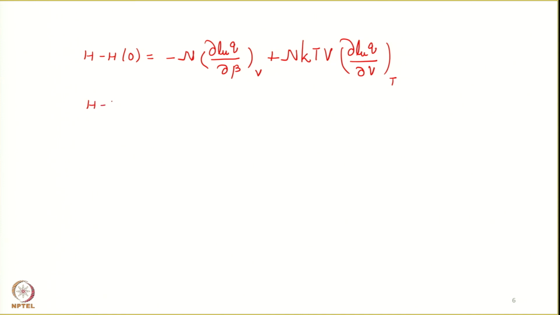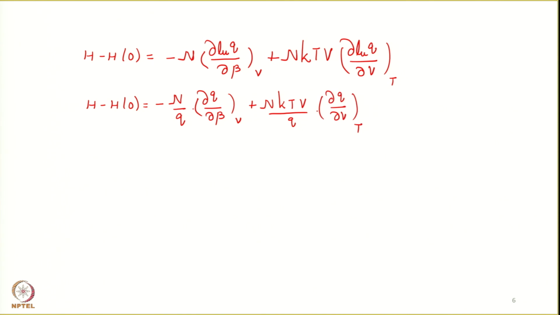H minus H0 is equal to minus n by q del q del beta at constant volume, fine, plus nkTV by q del q del V at constant temperature.